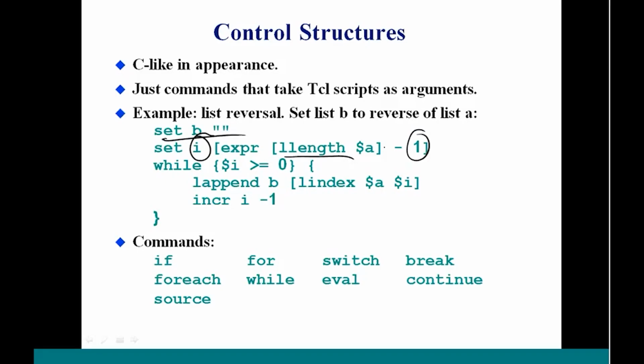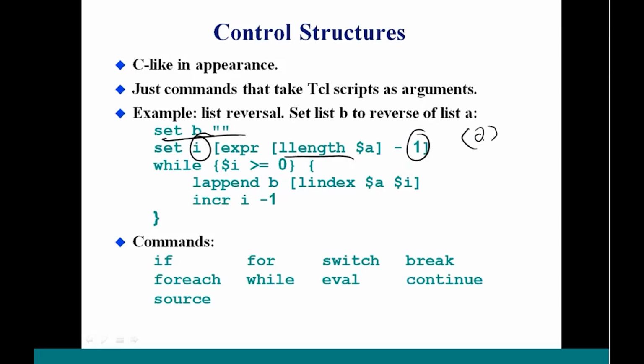Can anyone tell me what this does? L length actually gives the length of the list, and then we need to subtract 1 from it because the first element is 0.